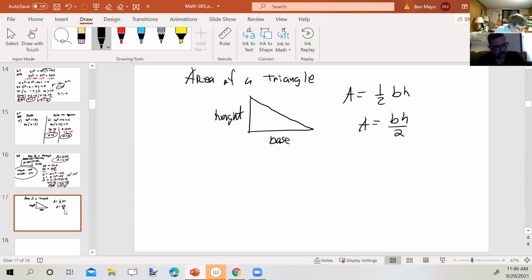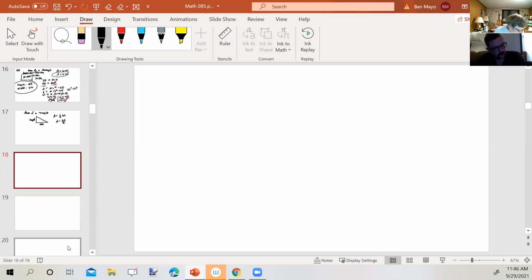Okay. We have the following situation. It says sailboats. Refer to the diagram of a sail shown here. So let me make an attempt at drawing the sail. Okay, so we have this sail on a sailboat.